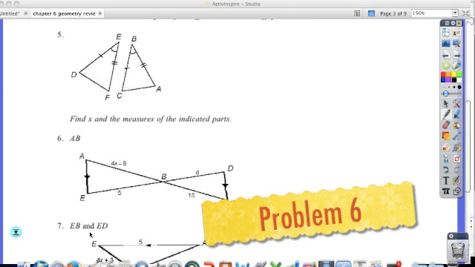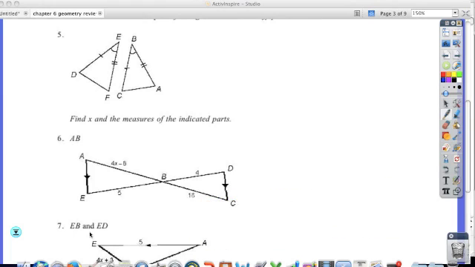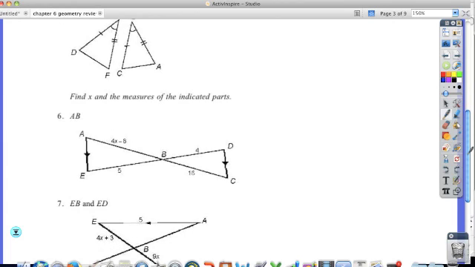Yes, Chloe. AB. Lillian, you missed something. Find x and measures of the indicated parts. Okay, so first of all, in order to do this, they have to be similar. So we have to prove to ourselves that they're similar.